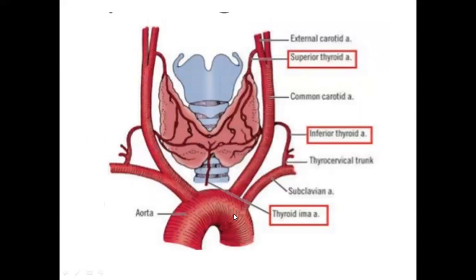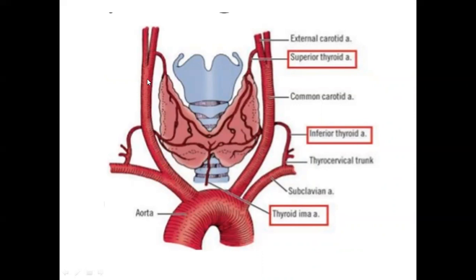So this shows the arch of aorta, the left subclavian artery, the left common carotid artery going all the way up, dividing into internal and external, the external giving rise to the superior thyroid artery. Similarly, the left subclavian gives rise to the thyrocervical trunk, which gives the inferior thyroid artery supplying the lateral lobe of the gland. Similarly, on the right side, we have the right brachiocephalic trunk dividing into right common carotid and right subclavian.